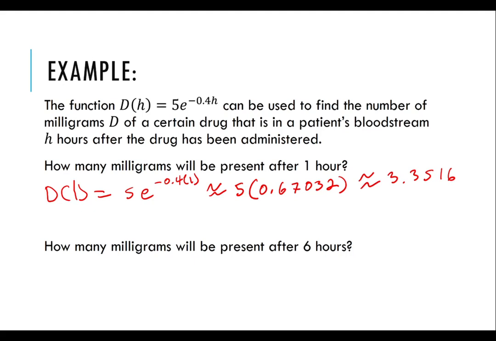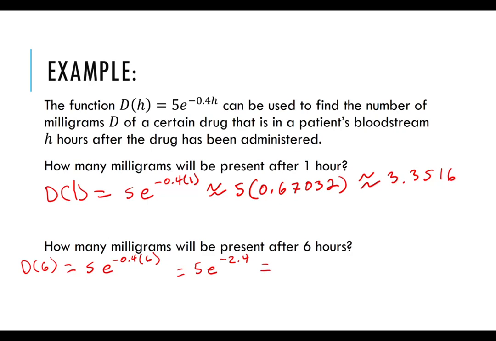Now if we want to know how many milligrams will be present after 6 hours, same idea. We're just going to plug in that value 6 into the function and see what we get. That's going to be 5 times e to the negative 0.4 times 6. And so that is 5 times e to the negative 2.4. So then I'm going to use that e button on my calculator, the natural number e.